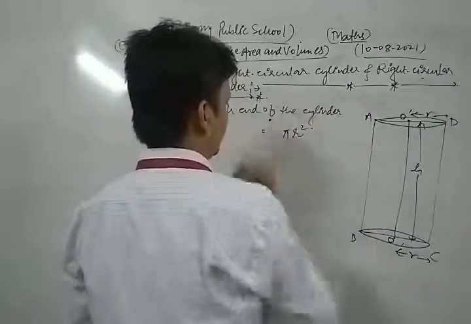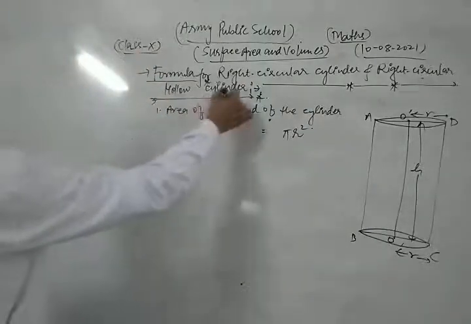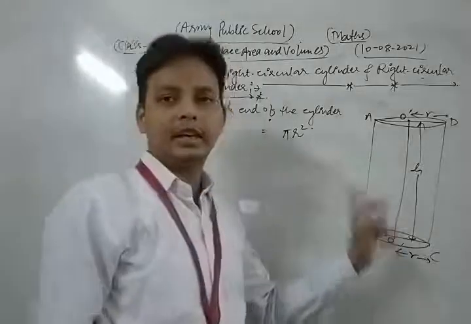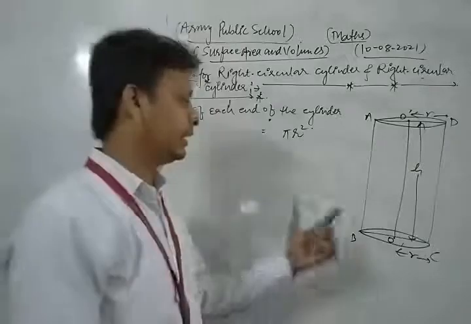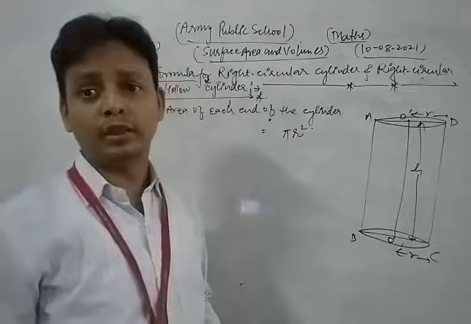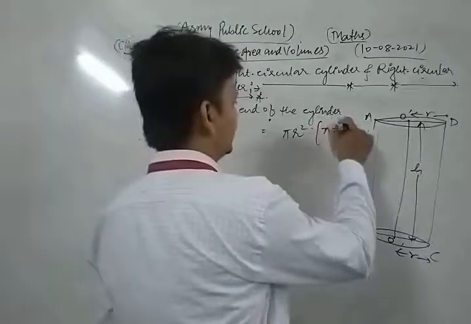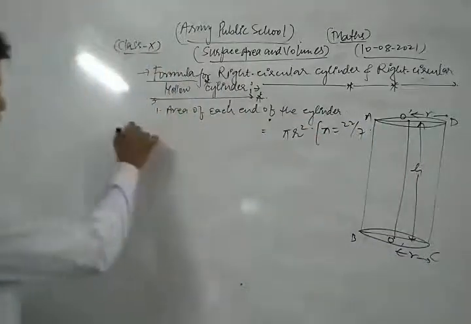Okay. Here pi is the value of pi. You know that each end of the cylinder is circular in form, and the area of a circle is pi r square. Here you take the value of pi as 22/7.